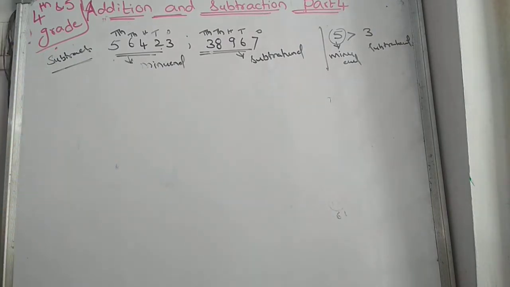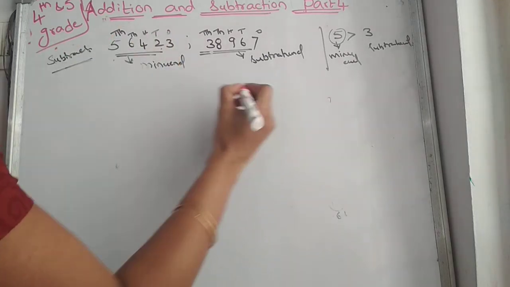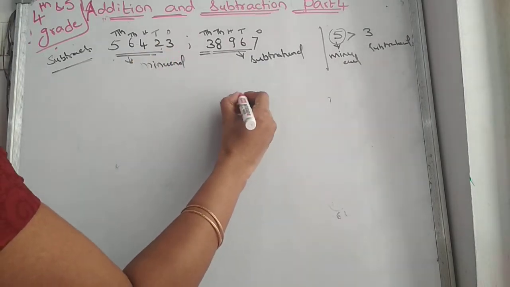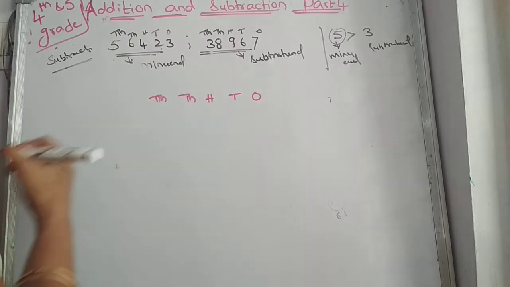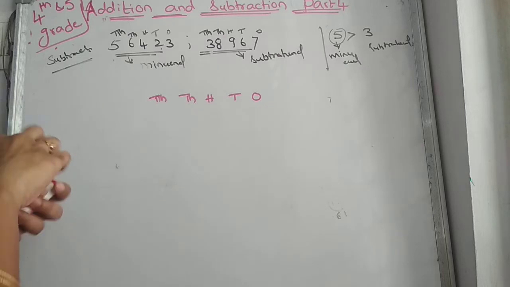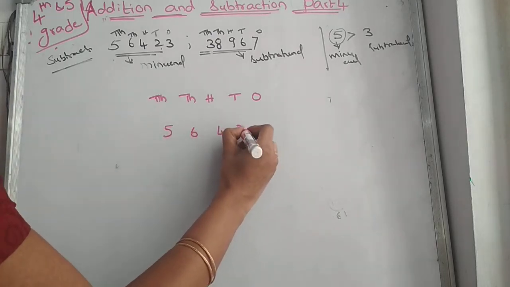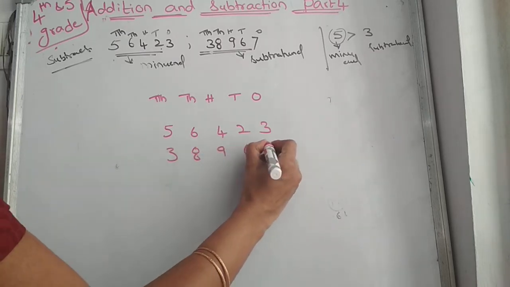First, before going to the subtraction, we arrange the numbers in a place value chart. Column-wise we arrange ones, tens, hundreds, thousands, 10,000. See here what numbers we have. The first one is 56423, the second number is 38967.